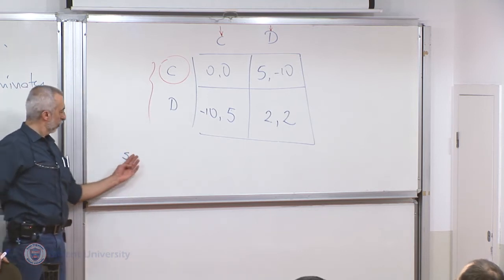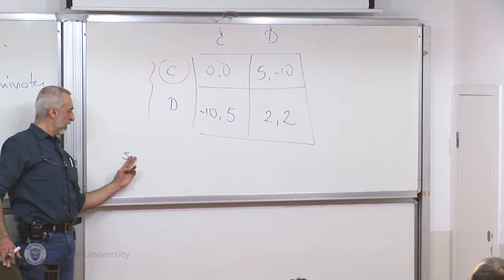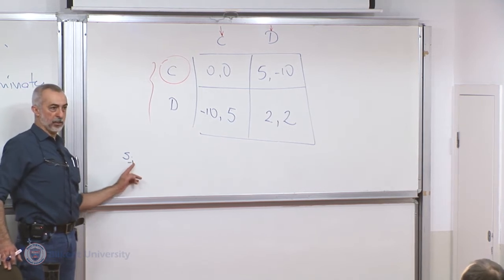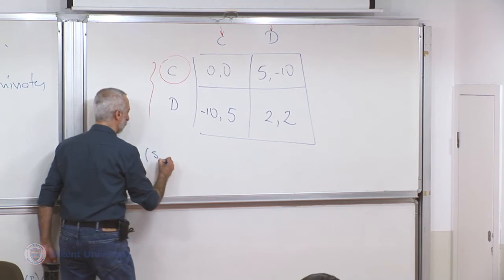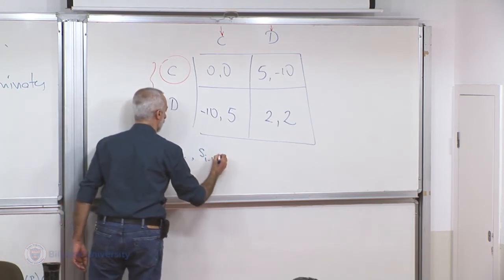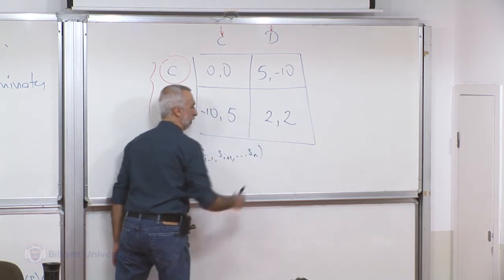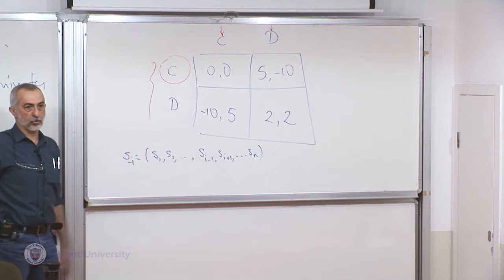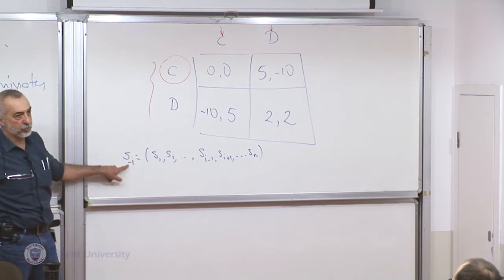It's a list of strategies of all the players except player i. So this will be S1, S2, ..., S(i-1), S(i+1), ..., Sn. That's the notation that we're going to use: a profile of strategies of all the agents except agent i.